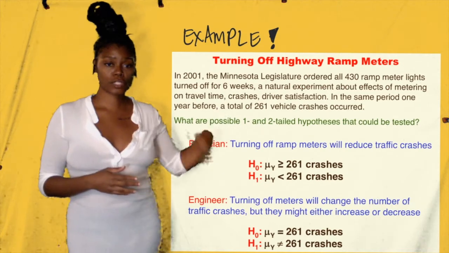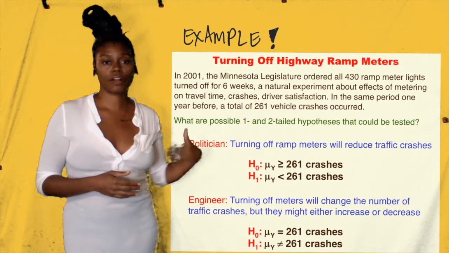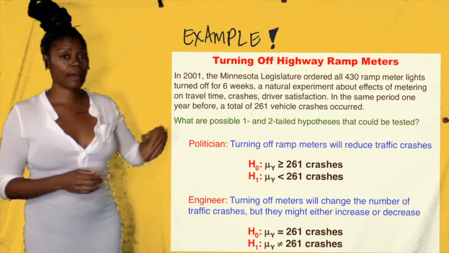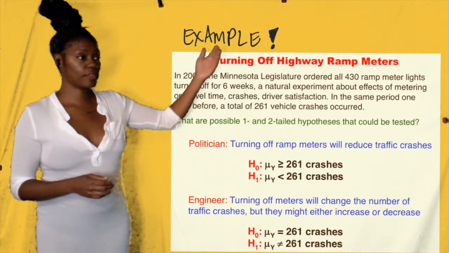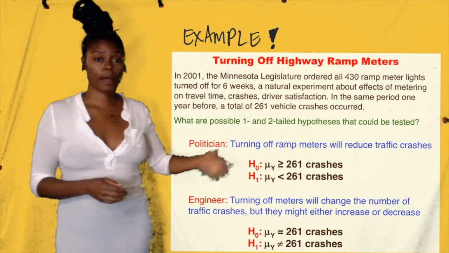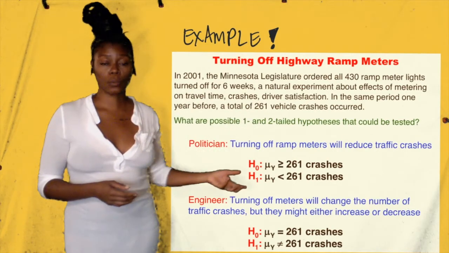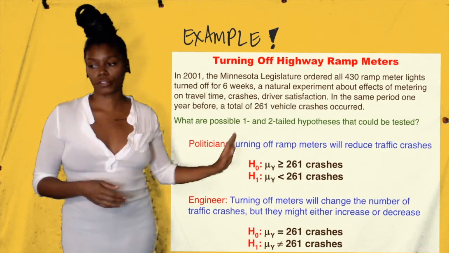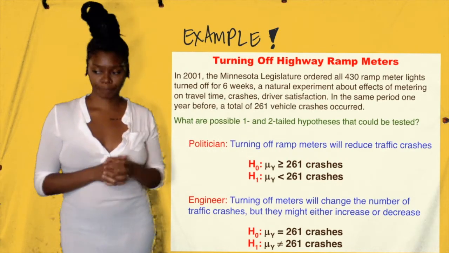But social scientists in Minneapolis were involved in this testing when it was taking place, and they came up with these research hypotheses, one from a politician, one from an engineer, and you can see directional versus directionless.